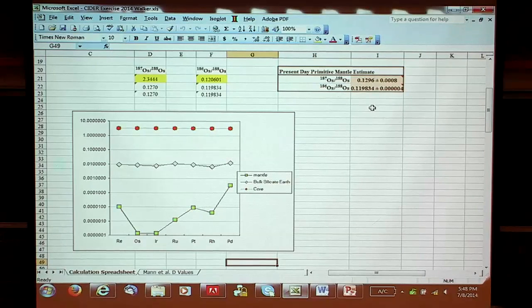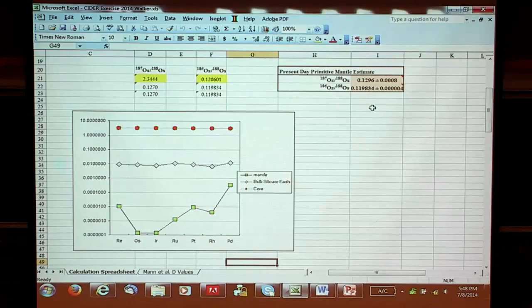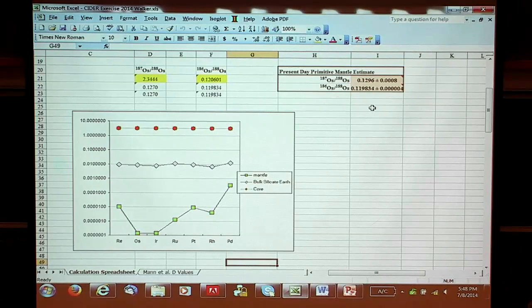Fugacity stands for a fudge factor, if you will, and rock is certainly not an ideal gas. You can think of it in thermodynamic terms as the activity or the chemical potential of oxygen in the system, which is just what partial pressure is. So that's oxygen fugacity. Effective partial pressure is a way to think of it.